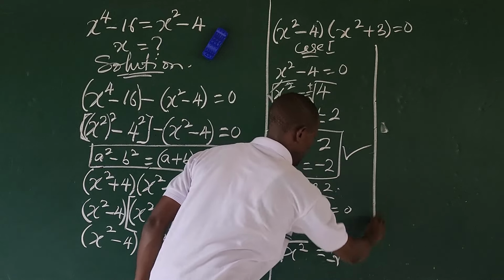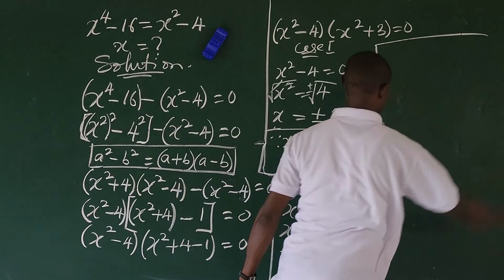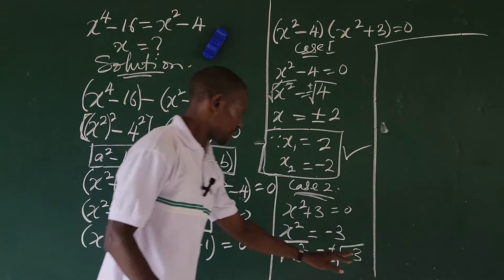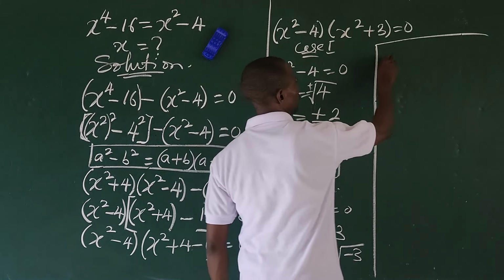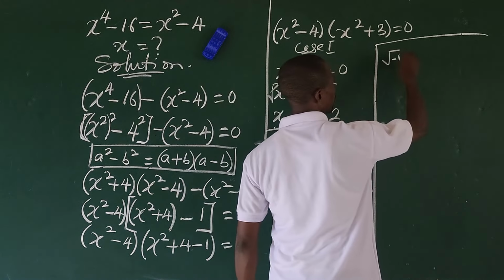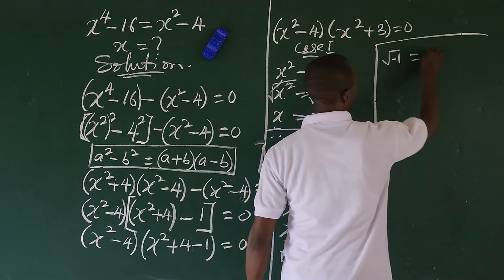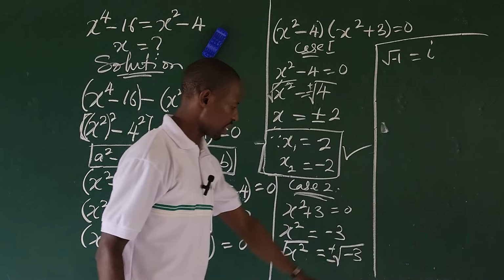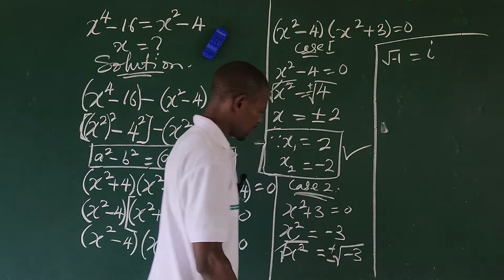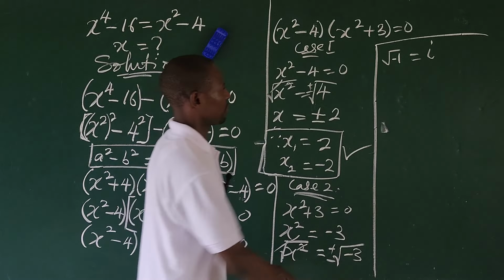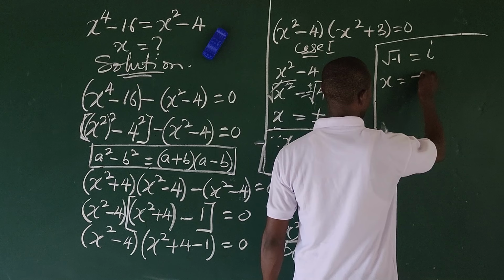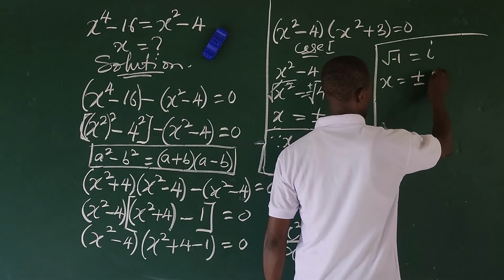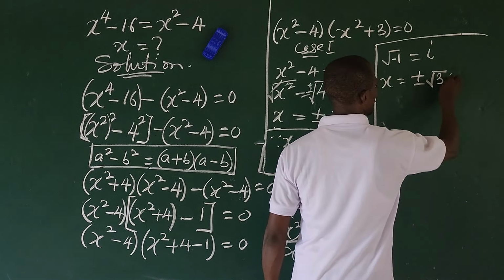Again, so let's end the thing here. Okay, so we know that the square root of minus 1 is equal to iota. So we can bring that in here. So we have x equal to plus minus the square root of 3 iota.